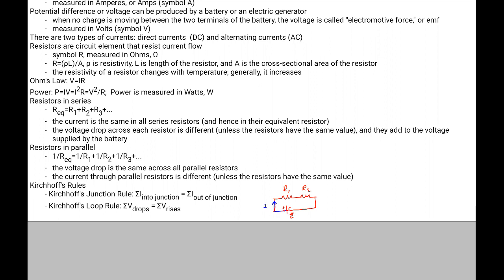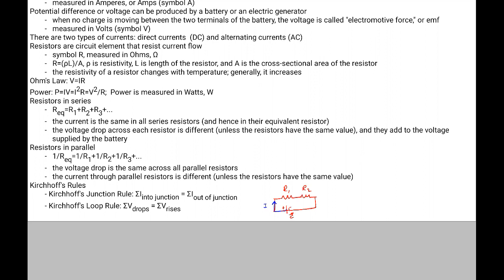So we have a current I, and the potential in the branch from here all the way to there is the same. So we have the same potential here, but then as the current passes through R1, there will be a potential drop.